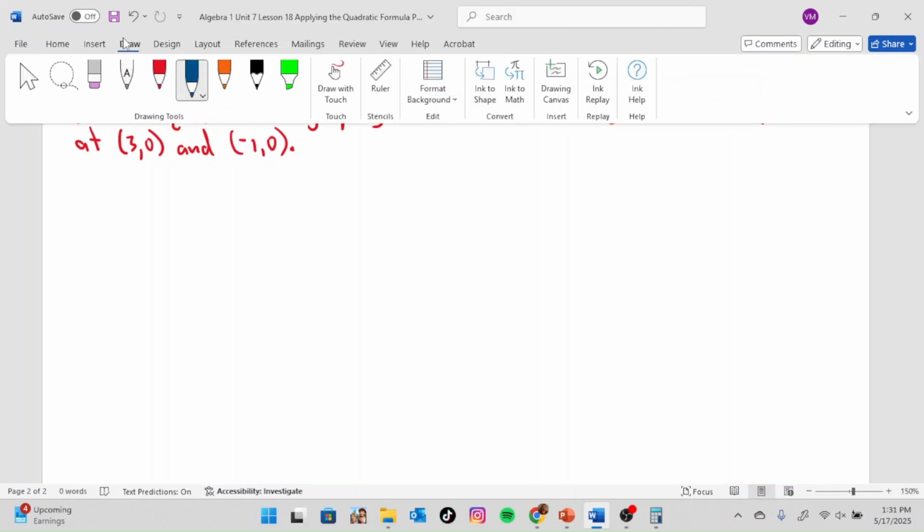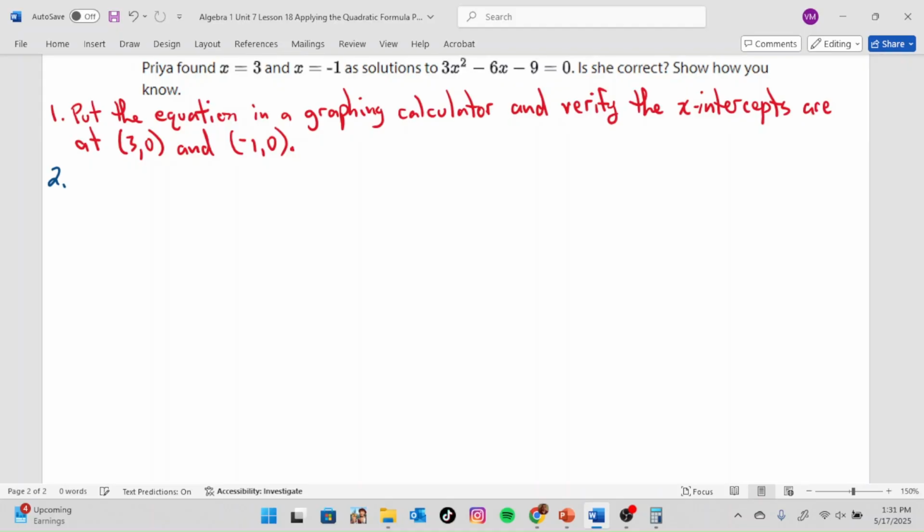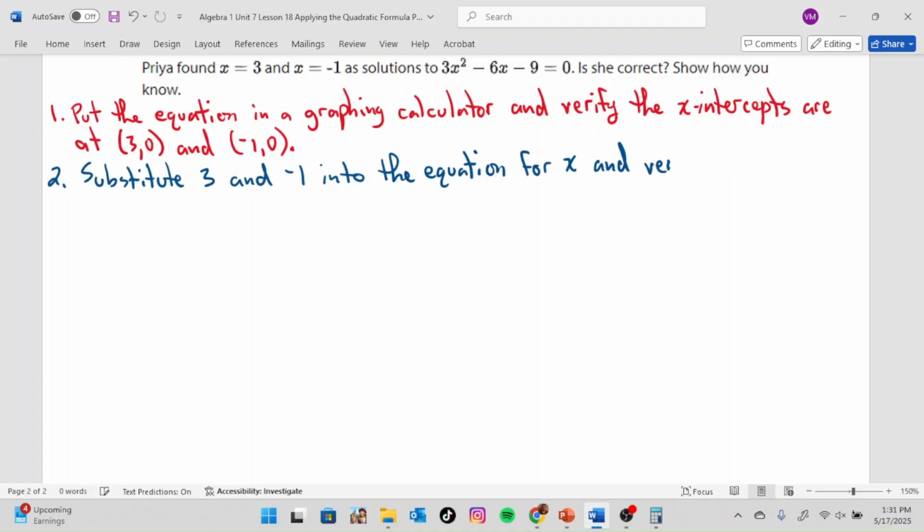The second possible way, substitute 3 and negative 1 into the equation for x and verify they both make the equation true.